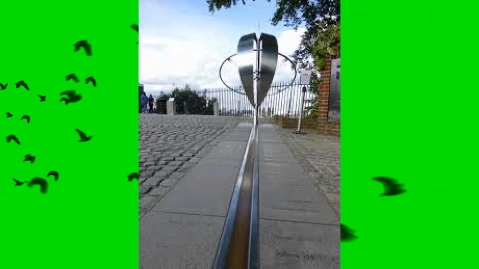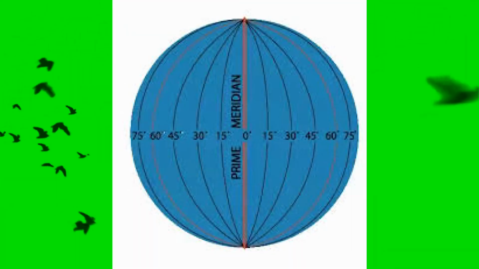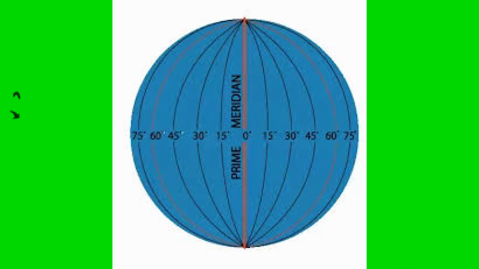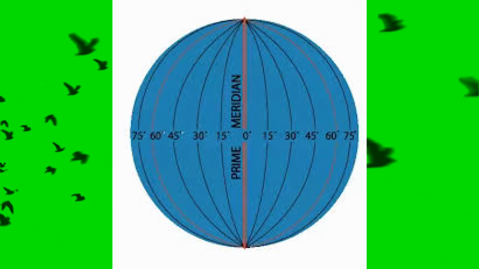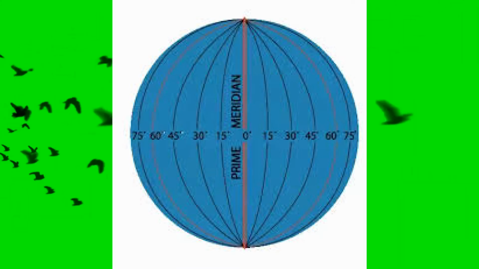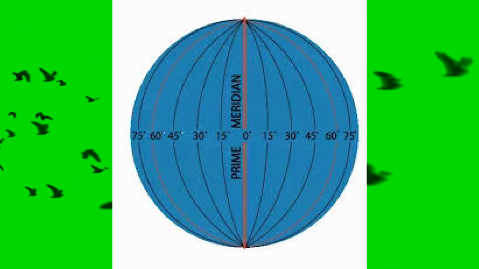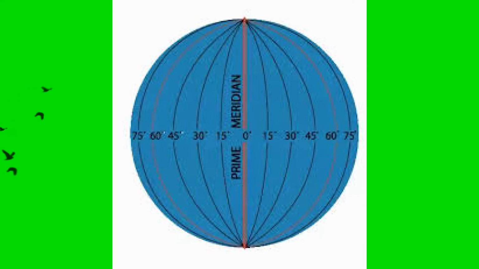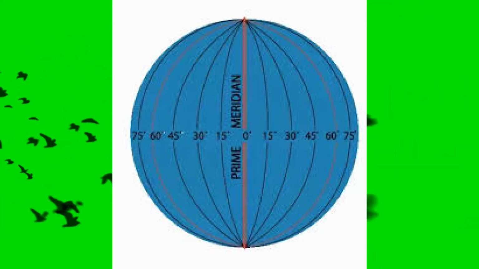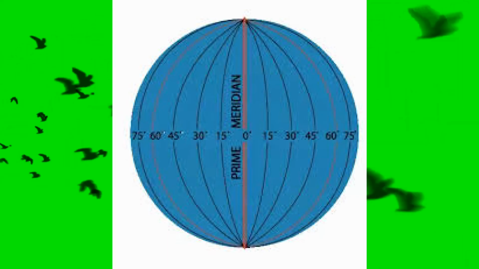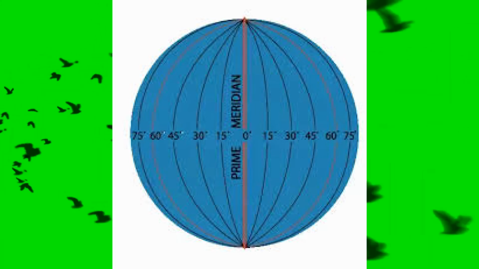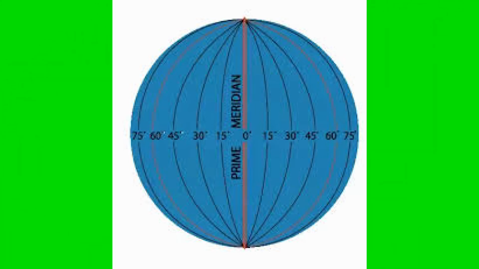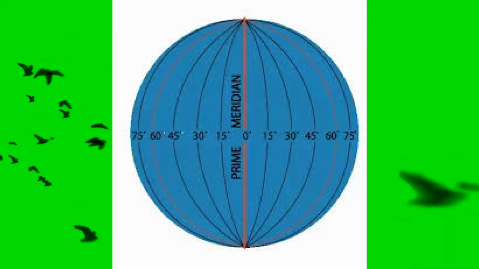Greenwich is a place near London. So now the total number of longitudes are 360. That is 180 plus 180 equals to 360. You can count from 0 degree to 179 degree from the west and 1 degree to 180 degree from the east. So that is how you get 360 lines of longitude.